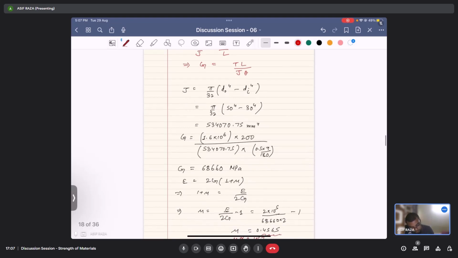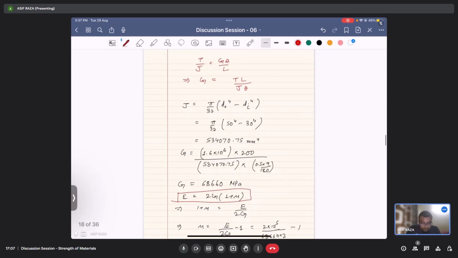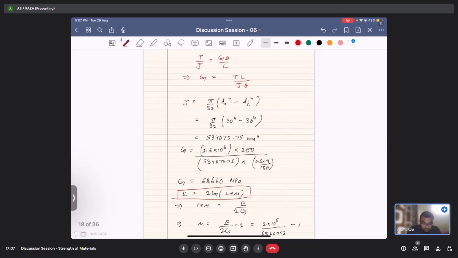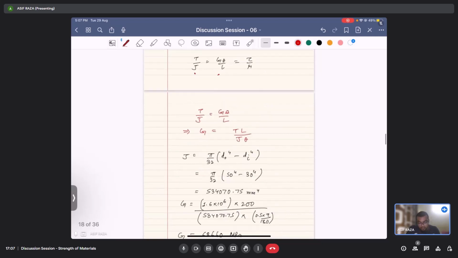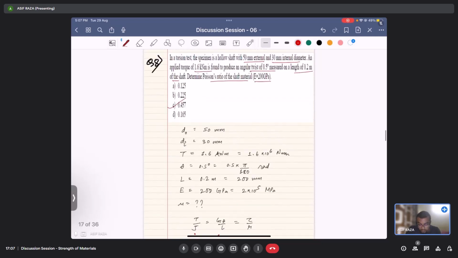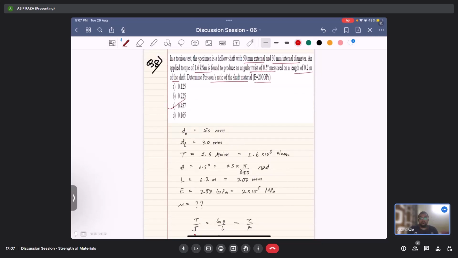That is this expression E is equal to 2G times 1 plus mu. So on easy substitution of the formula, you can directly get the answer, and the answer comes out to be 0.457. So with that, we got the correct option as option C.